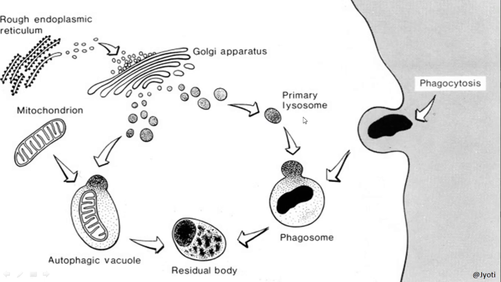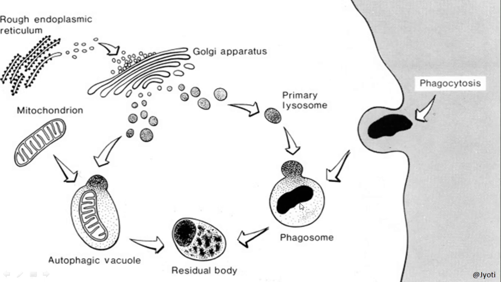This primary lysosome contains inactive enzymes, but here you can see that some material has entered into the cell, and this material needs to be digested. Then this material enters into the lysosome, the enzyme becomes active and starts digesting that material. And this structure is called the secondary lysosome or phagosome.